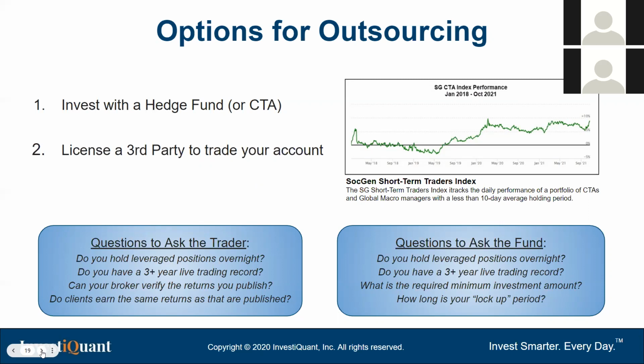Sometimes there's pretty sizable minimums to get into them. Or there's also what's called commodity trading advisors, where they can manage your account separately versus a hedge fund, which is typically like a pooled investment, where maybe there's a lockup period or something like that. But CTAs would be another option.